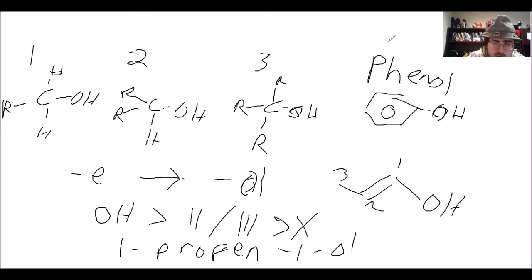So put a number between the ending of the EN or YN or AN and the OL to specify where that's at. If there's no other functional group, you could just call that 1-propanol.